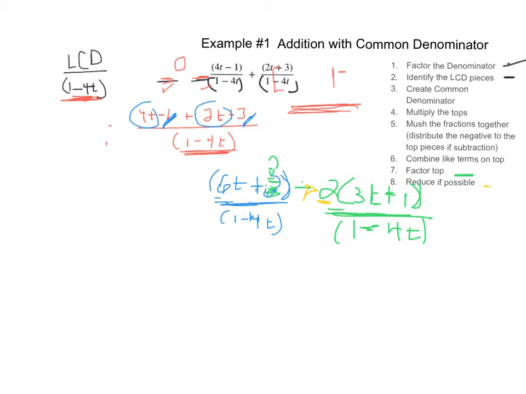Well, because there's a 2 here, and there's nothing free and single in the denominator, you can't do anything there. Numbers inside a parenthesis like these, in order to cancel or reduce, you have to have the exact same thing down below, which we don't have. This is 3t plus 1 on the top. I have 1 minus 4t on the bottom, so I can't reduce. So this right here is your final answer.